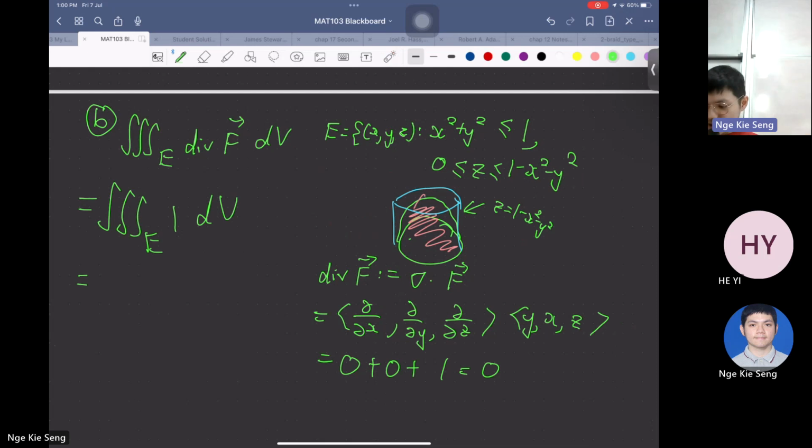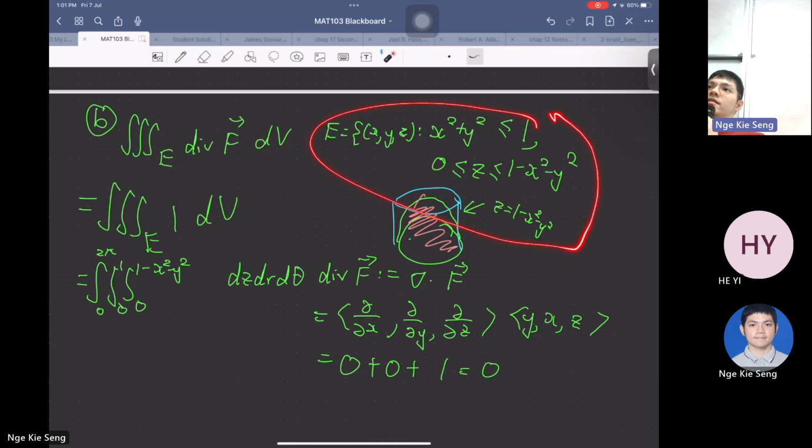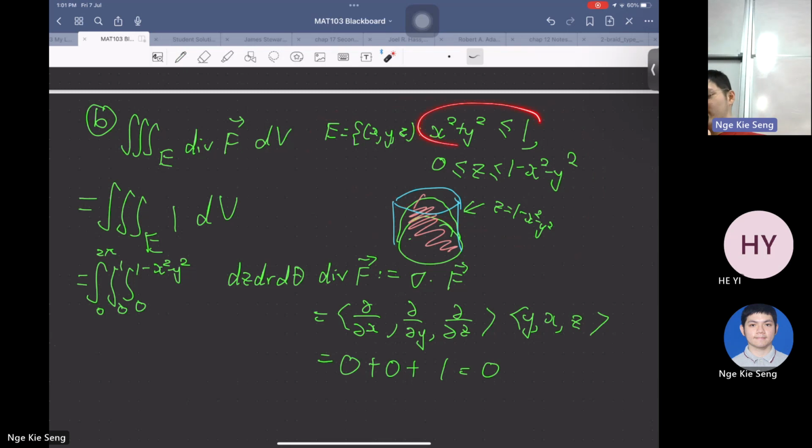So cylindrical coordinates have dz, dr, d theta. Our z goes from 0 to 1 minus x squared minus y squared, r goes from 0 to 1, and theta from 0 to 2 pi. If you like, you should re-express this in terms of cylindrical coordinates.